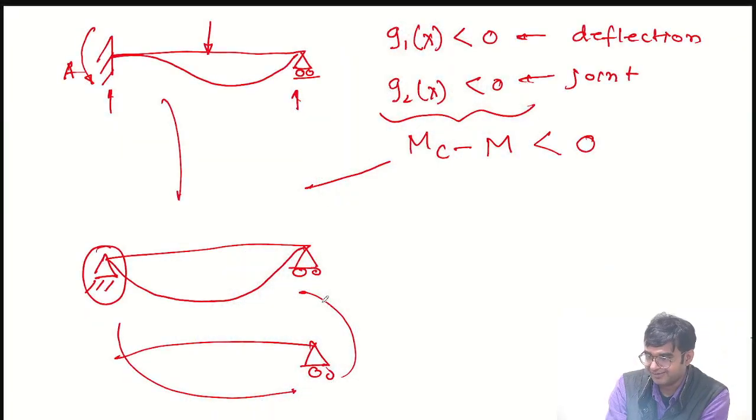Same story. This is happening because this was a redundant system to start with. The degree of indeterminacy was 1. So first the degree of indeterminacy has to become 0, statically determinate, and then only it can fail.